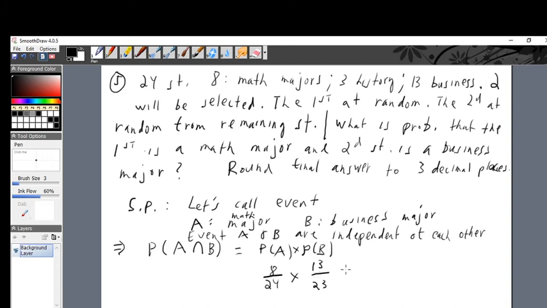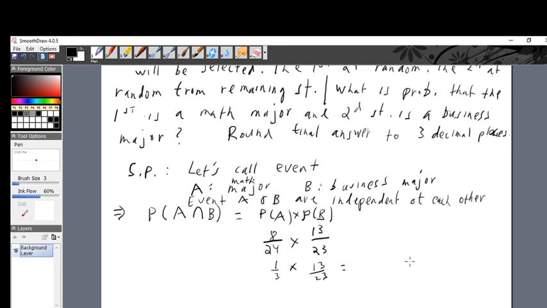You multiply those two together, and what do you get? 8 over 24 is 1 over 3 times 13 over 23. Let me pull this up just in case you're not seeing this. I always have to worry about that. 1/3 times 13 over 23 is equal to 13 over 3 times 23, which is 69.